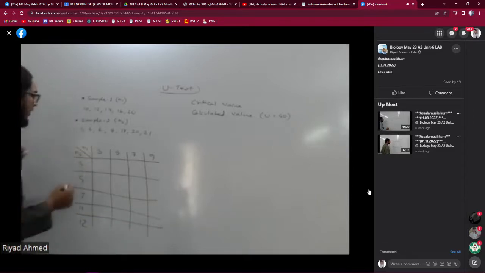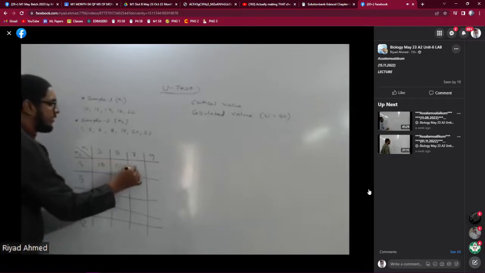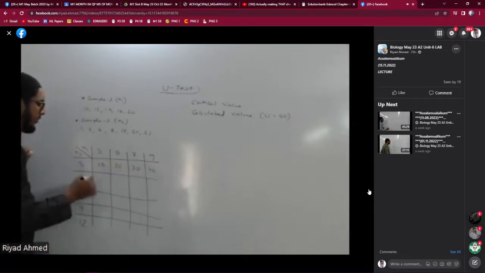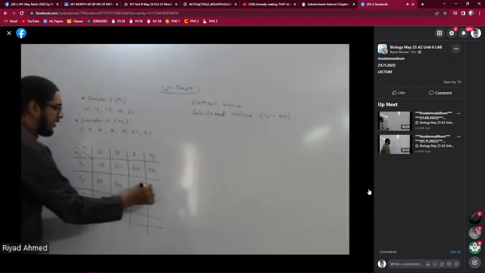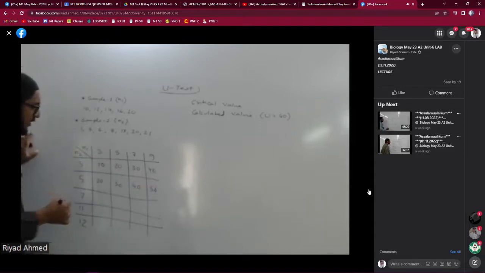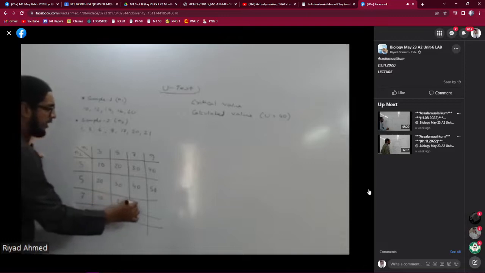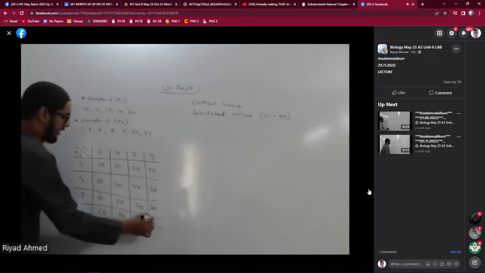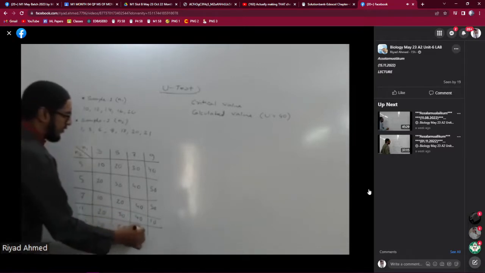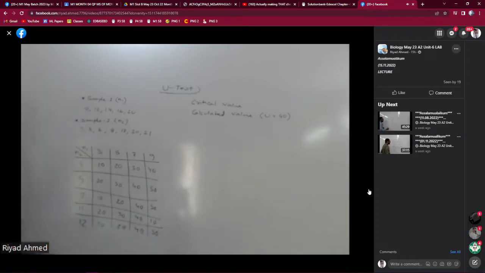The values are 10, 20, 30, 40. Then for the next one, we can say 20, 30, 40, 50. Then we can consider 10, 20, 40, 50. This one is 20, 30, 40, 10. This one is 10, 20, 40, 50. Suppose these are the values in your question paper. Okay, this is a question. Am I clear? This is a question. There are the two fields.